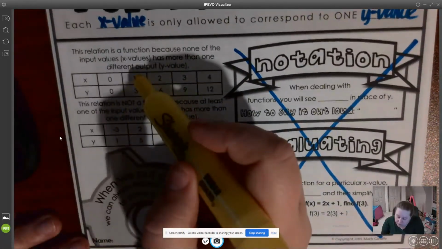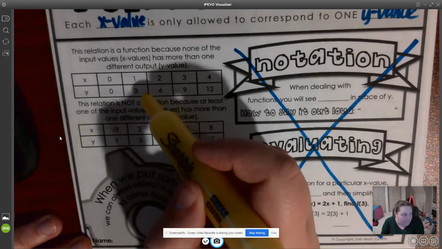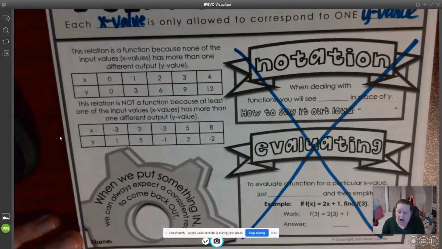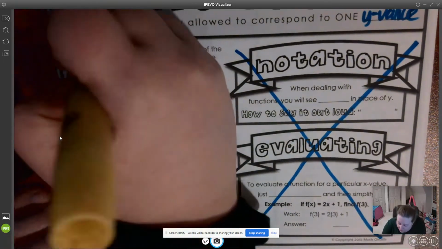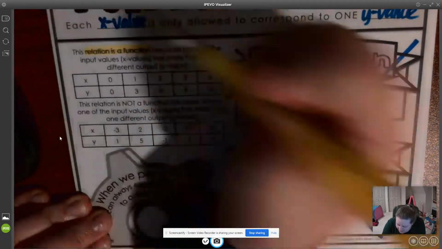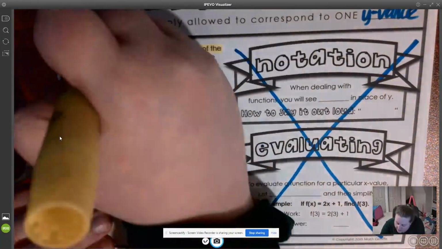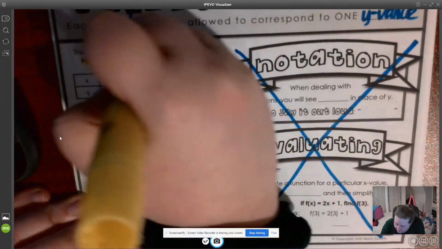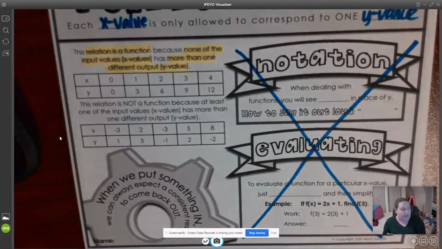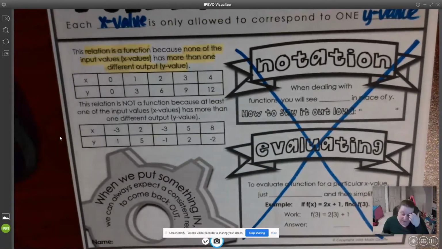It looks like the rule is whatever x is, you multiply it by 3 to get your y. No x values are repeated and used with two different outputs. So we're going to go ahead and highlight that this relation is a function because none of the input values has more than one different y value. Each of those x values is used once.